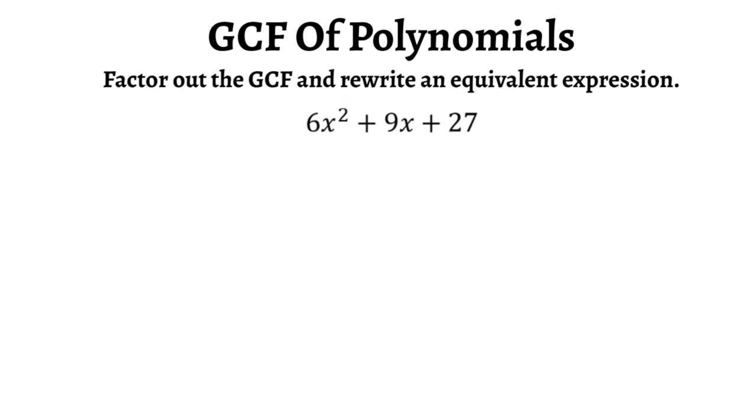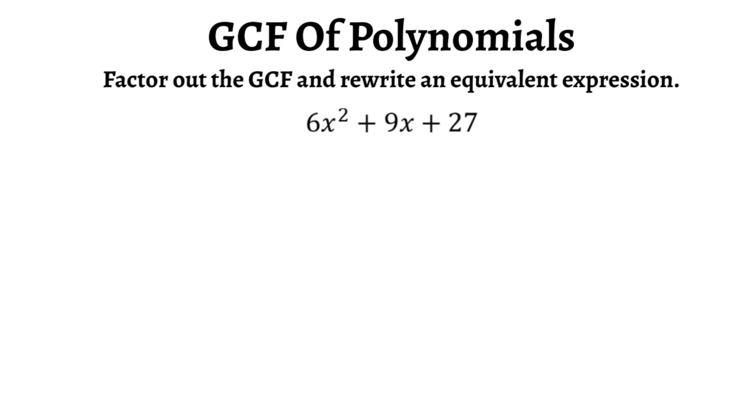So I want to factor out the GCF, and I want to rewrite this expression so that it has the same value, but now with the GCF being one of those factors. Okay, so I'm going to list the things that all 3 have in common. With the numbers, notice how they all have a number. What is the greatest common factor of all of them?